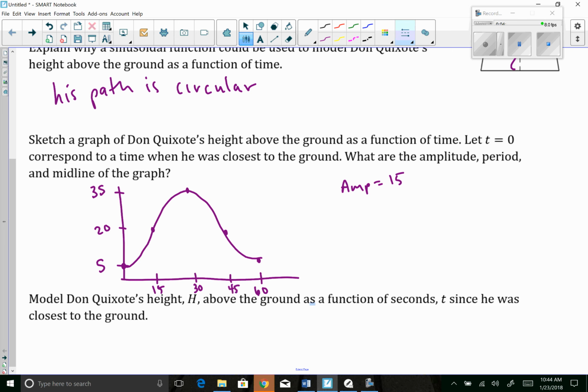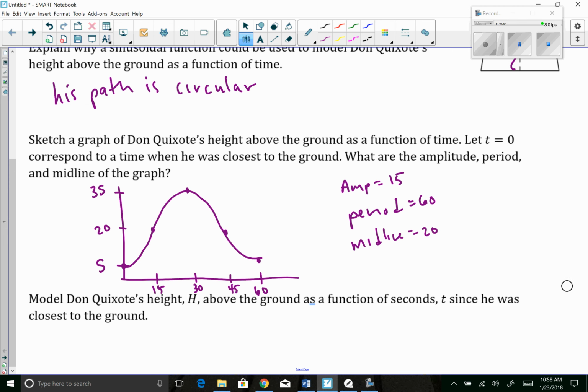So we see that the period is 60. Once we know that the period is 60, we can then find the frequency and all that stuff. That'll help us identify the actual function. The other part here that asks us to find is the midline. So the midline is 20.